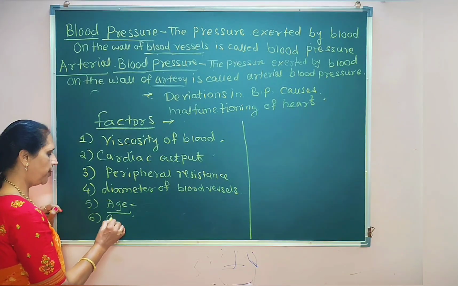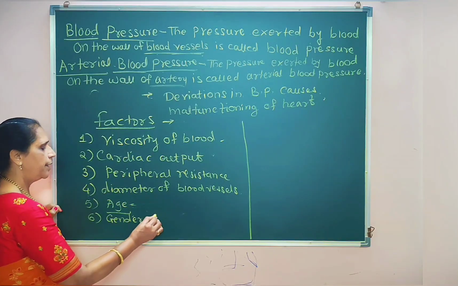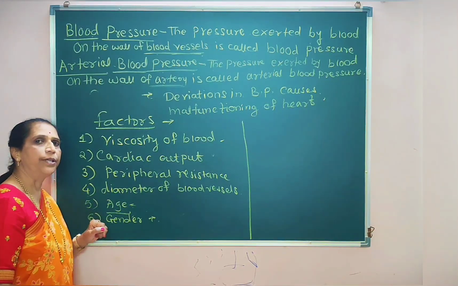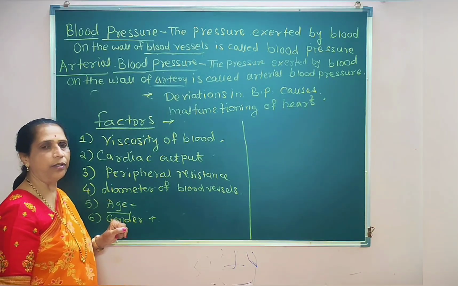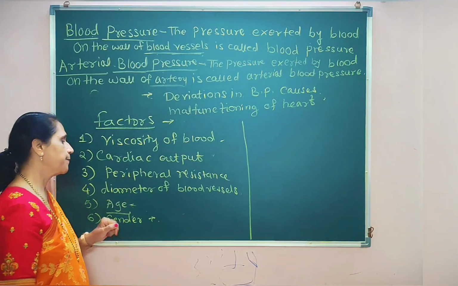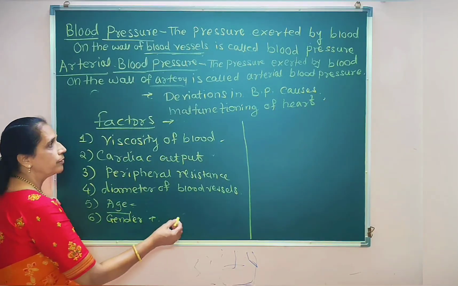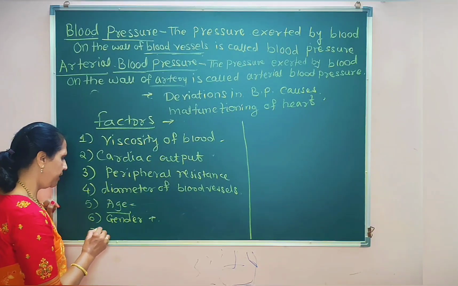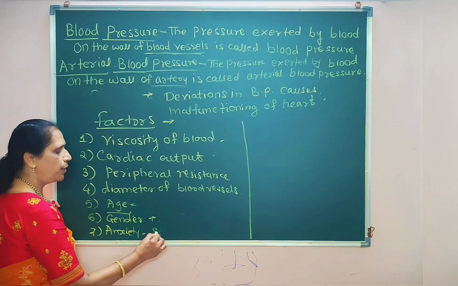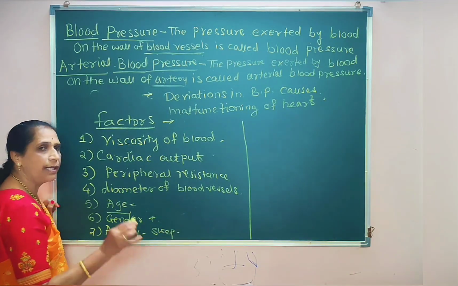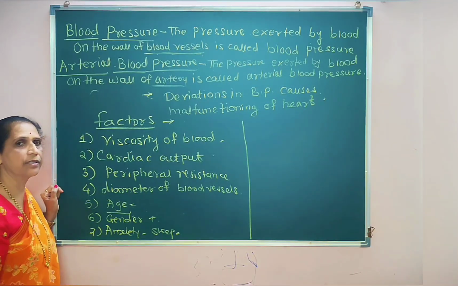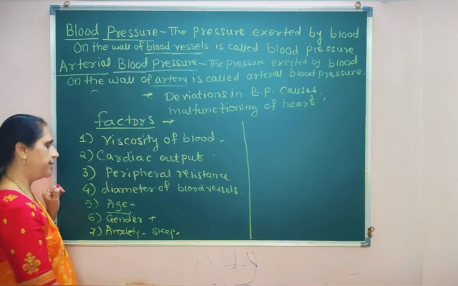Next factor is gender. In males it is always higher than in females, but at the time of pregnancy in females it may increase. Then anxiety is also a main cause. During sleeping BP lowers, while during exercise it slightly increases.